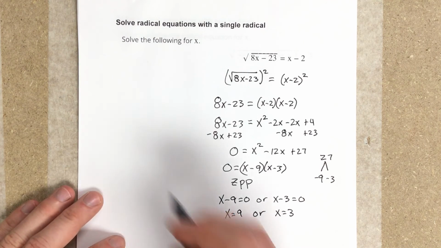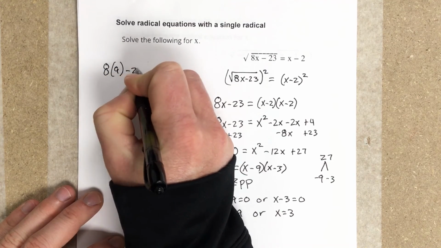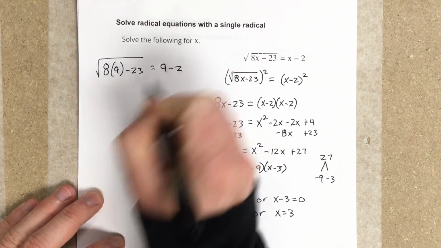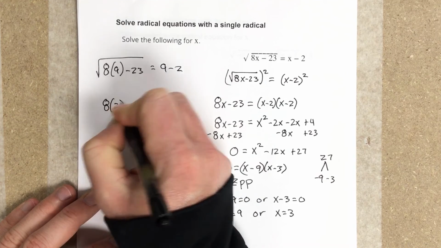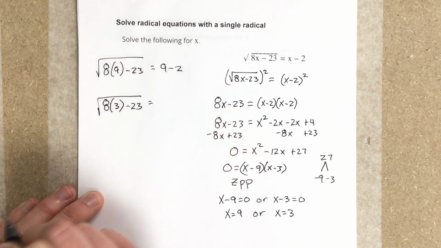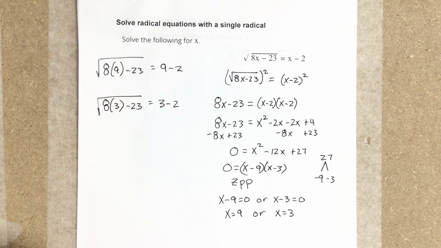We need to check them both. So we're going to do that up here. Root of 8 times 9 minus 23 is 9 minus 2. And the other one would be root of 8 times 3 minus 23 is equal to 3 minus 2. I'll do most of this in the calculator. So we get 8 times 9, 72 minus 23.